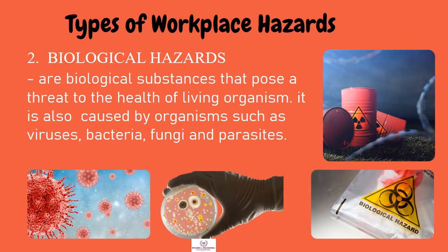Number 2 is the biological hazards. Biological hazards are biological substances that pose a threat to the health of living organisms. It is also caused by organisms such as viruses, bacteria, fungi, and parasites.